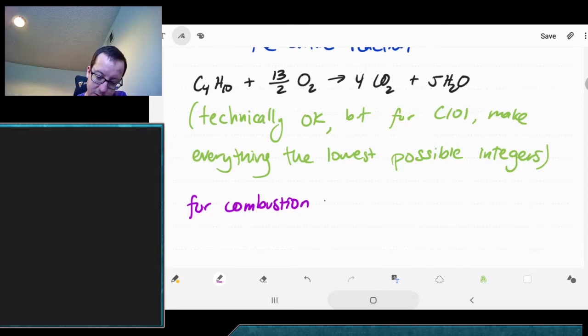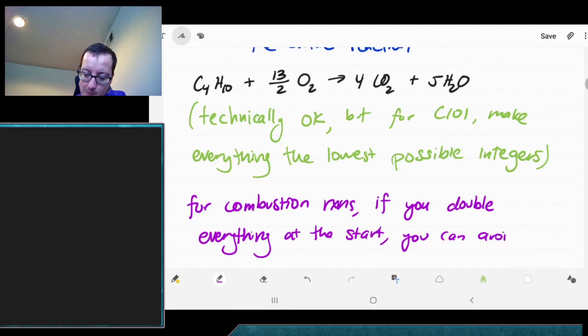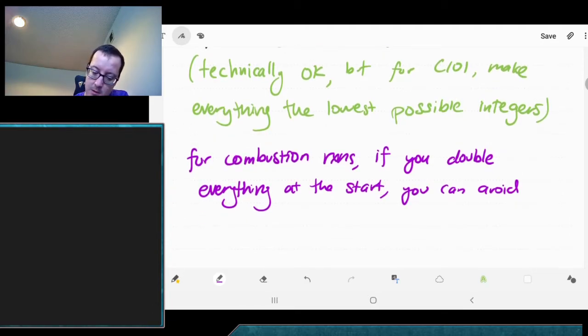For combustion reactions, if you double everything at the start, you can avoid similar problems.